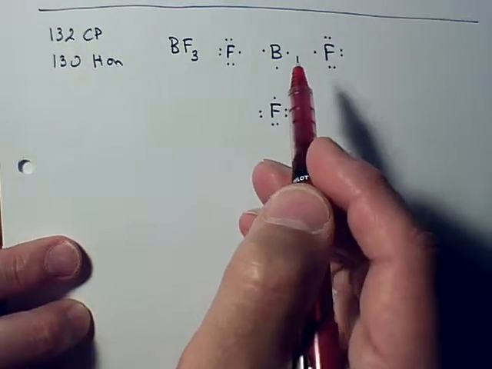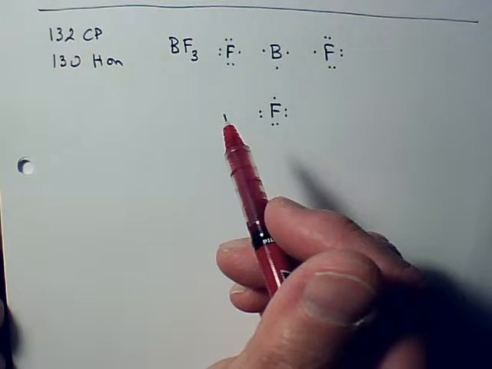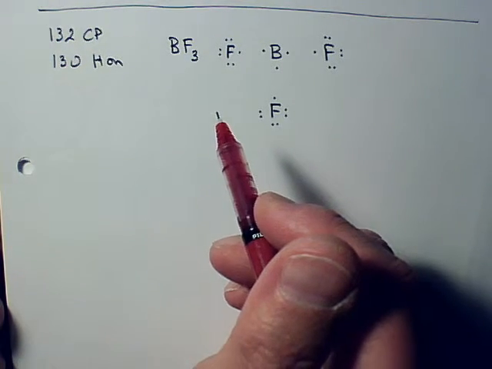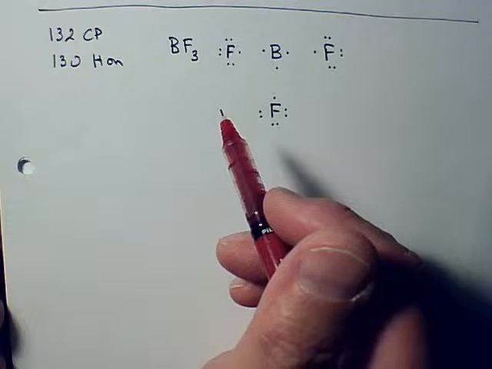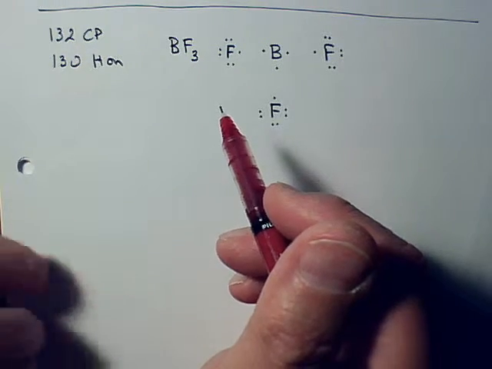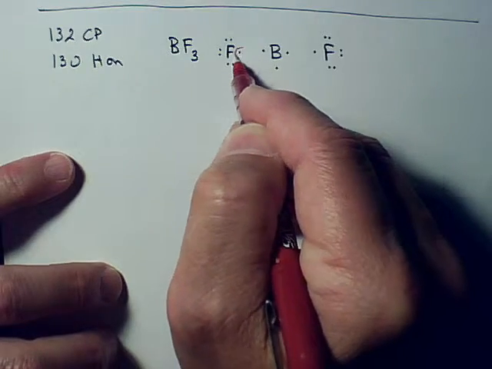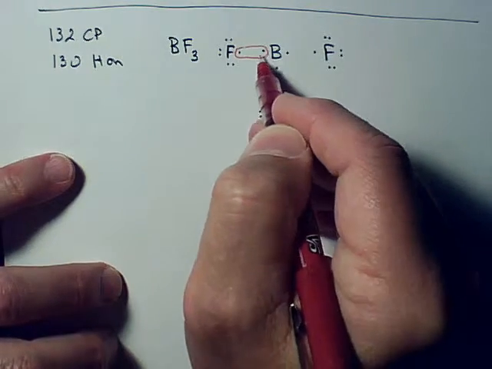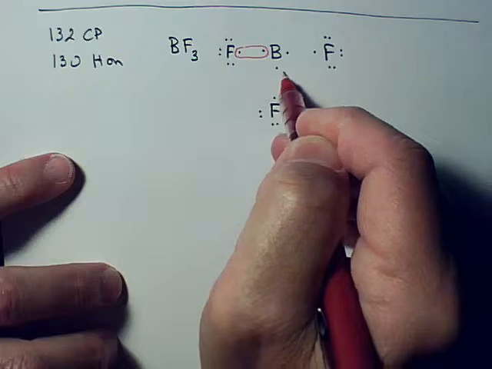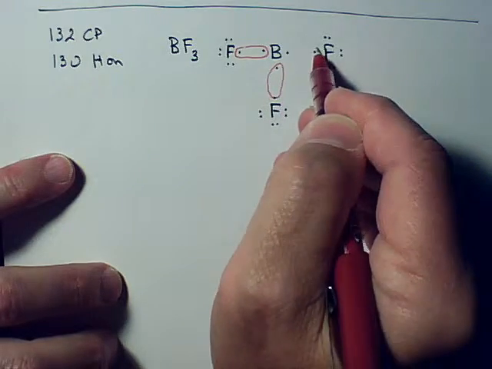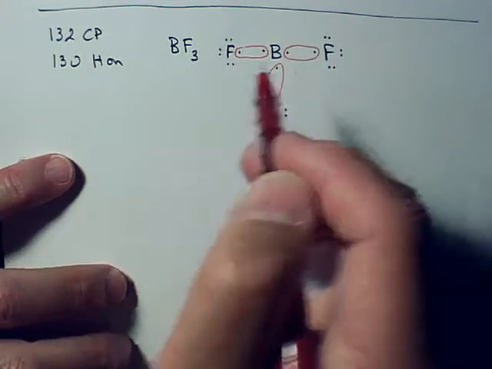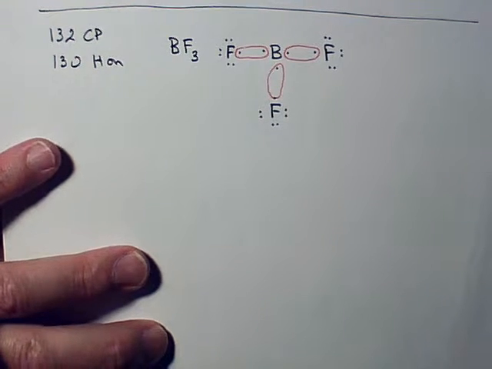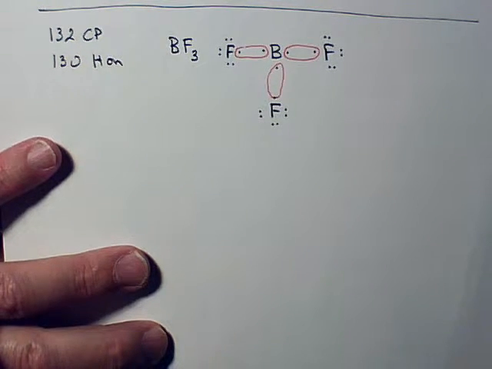Okay, so now what we want to do is share electrons in such a way as to try to get the atoms to have a total of 8 electrons. Well, I can share these 2 right here, and these 2 right here, and these 2, for 3 shared pairs, and in this case there's nothing else I can do.